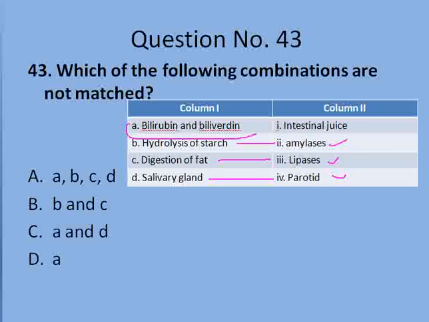Bilirubin and biliverdin are the pigments formed due to the destruction of RBCs in the graveyard of RBC, an organ we call the spleen. But here column 2 contains the intestinal juice. So this is wrong, so it is not matched correctly. So the option we have to say is D. Is it clear?